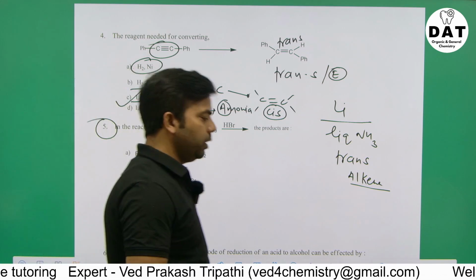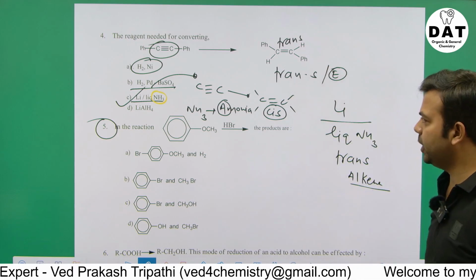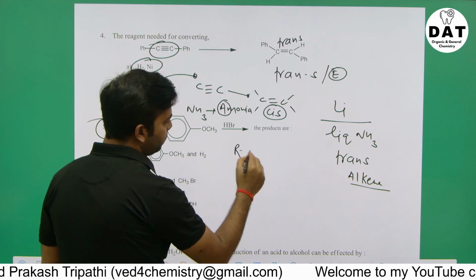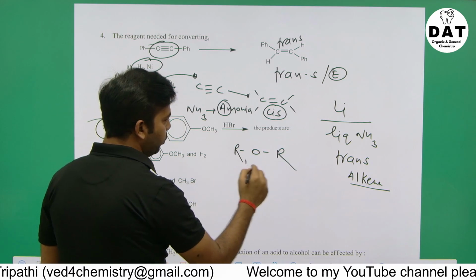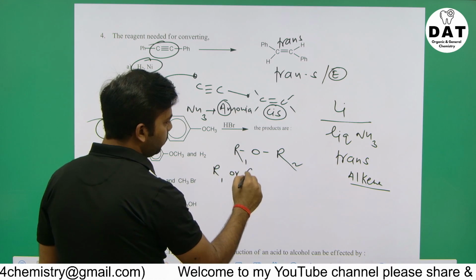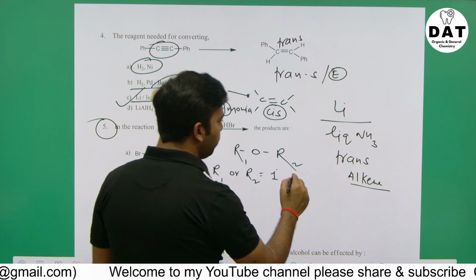This is breaking of ether in the presence of hydrogen halide. So simple thing is that, look at here. Suppose you have R-O-R, R1 and R2. Suppose any R1 or R2 is 1 degree, then the reaction will be SN2.